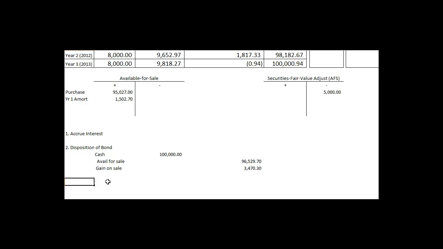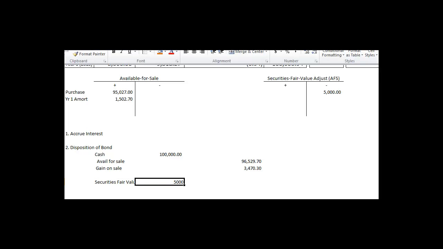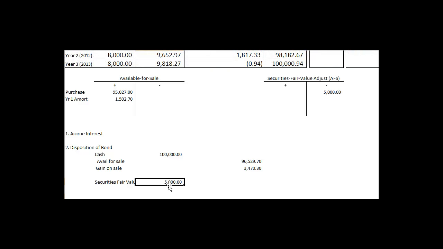So securities fair value adjustment goes away by whatever portion of the portfolio was sold. This happens to be the only amount in the portfolio, so the entire amount goes away. Then the question is, what do I do with that? Well, you credit unrealized gain - equity.